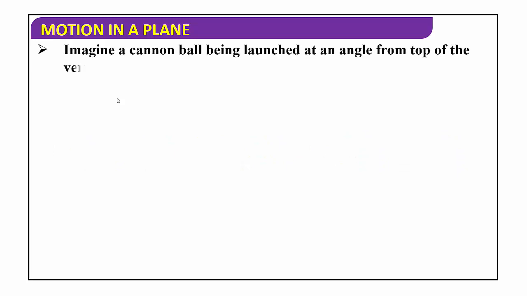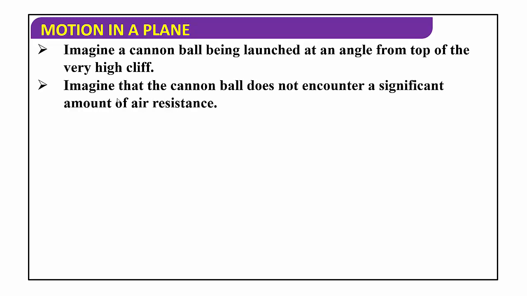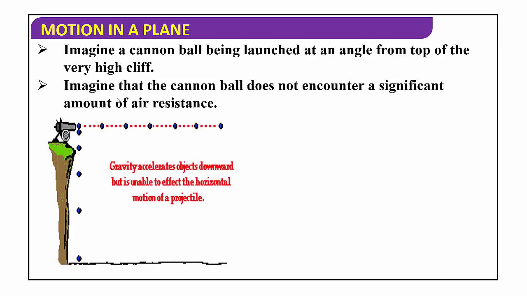Imagine a cannonball is launched at an angle from the top of a very high cliff. Imagine that the cannonball does not encounter a significant amount of air resistance. Observe this picture here. This is a cannon. A cannonball is launched at an angle from the very high cliff.